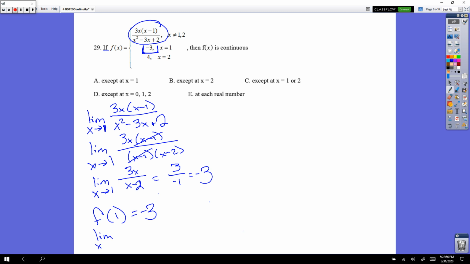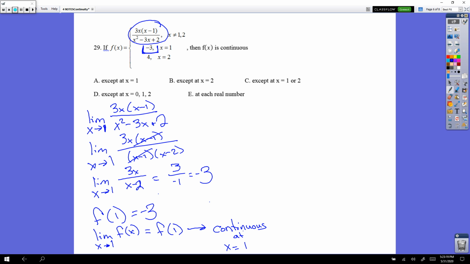If you don't want to write this out, you don't have to, but just to show you the format here: the limit as x approaches 1 of f(x) is the same as f(1). So we're continuous at x equals 1.